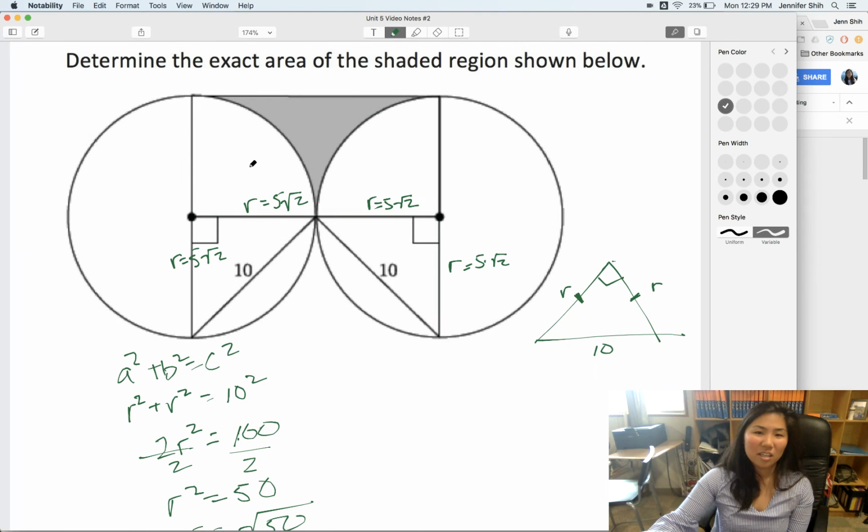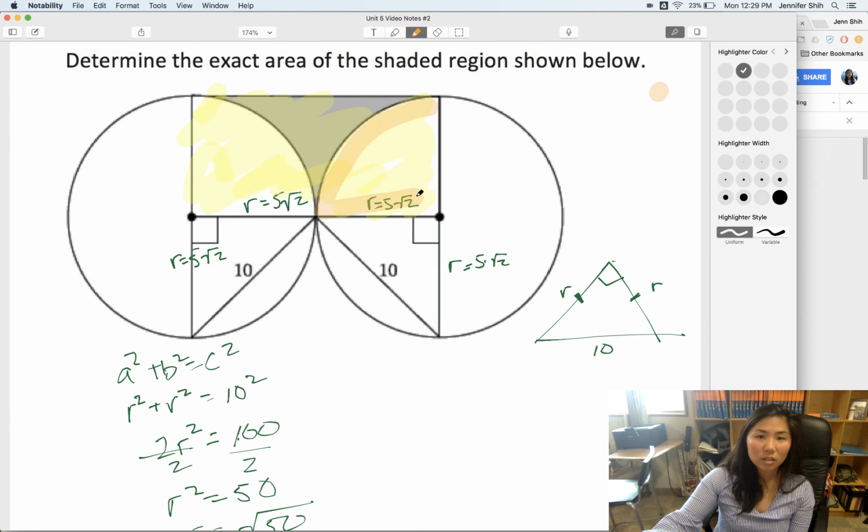Well, it gives us some information. So if I can find the area of this rectangle and subtract away quarters of circles, then I can find the shaded area.